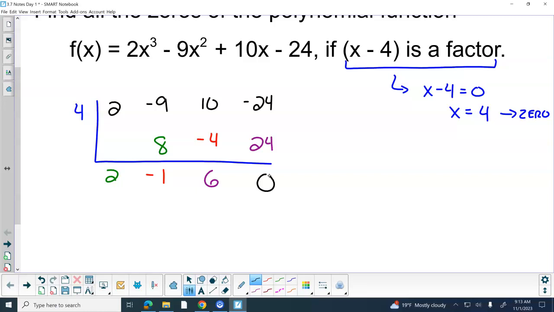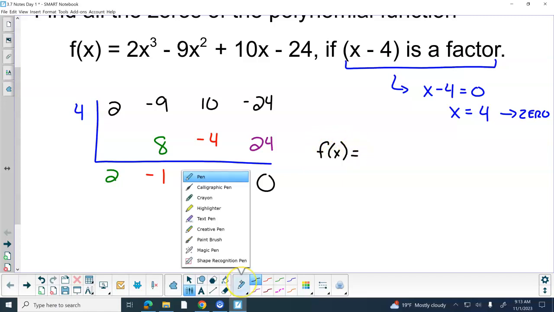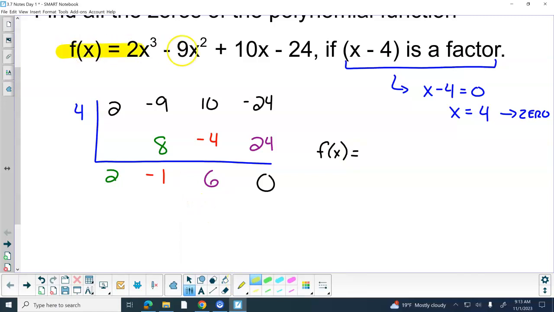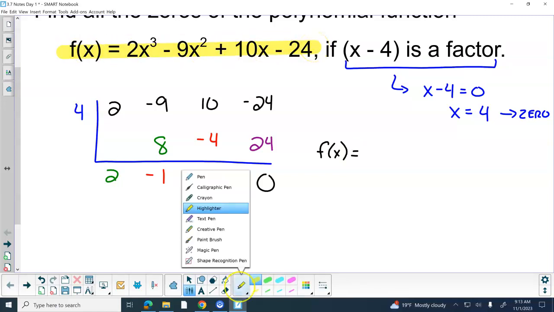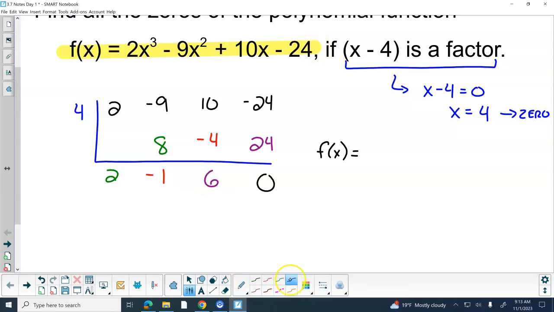So now we can say that f of x, our function, can be rewritten as: my first factor was x minus 4, and my next factor is going to be 2x squared minus x plus 6.